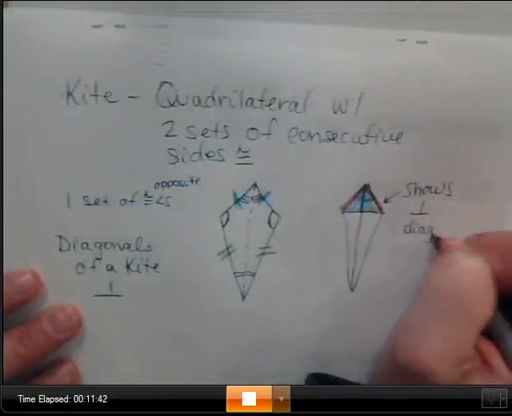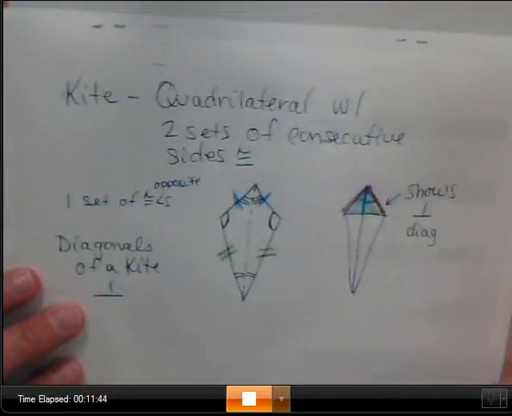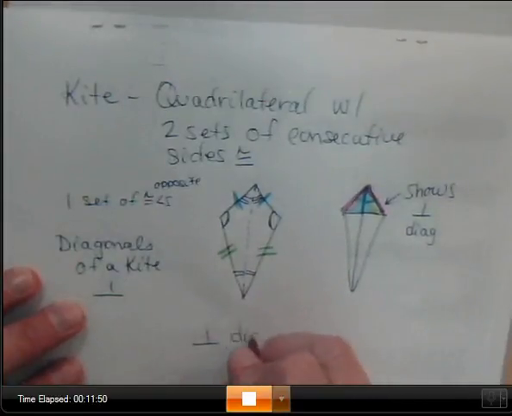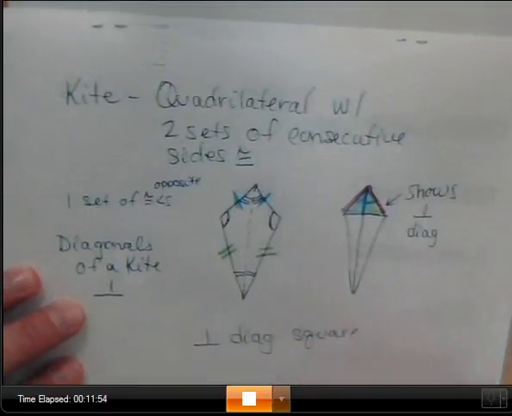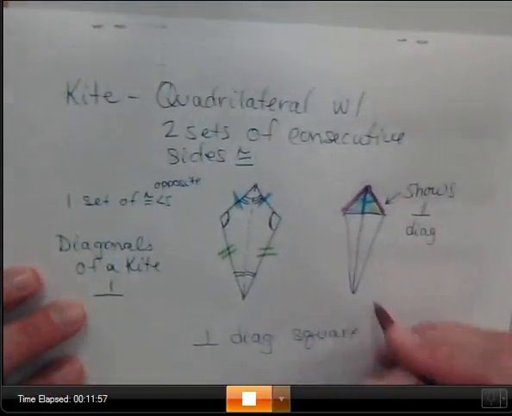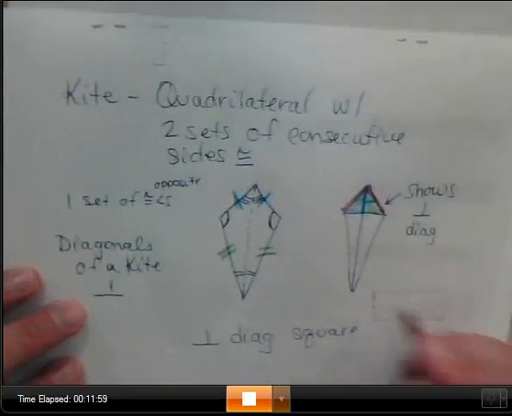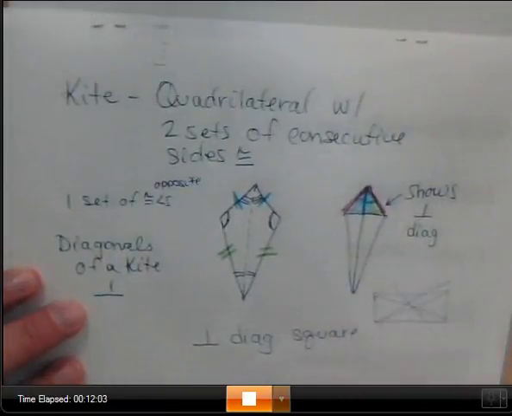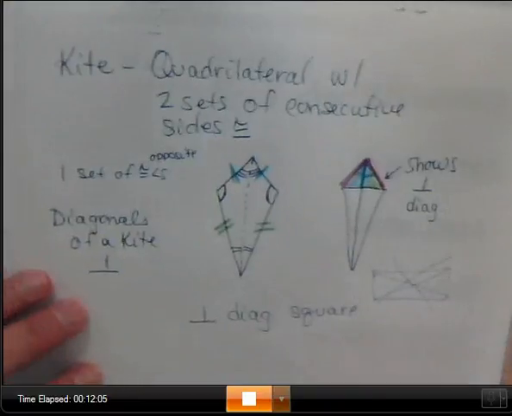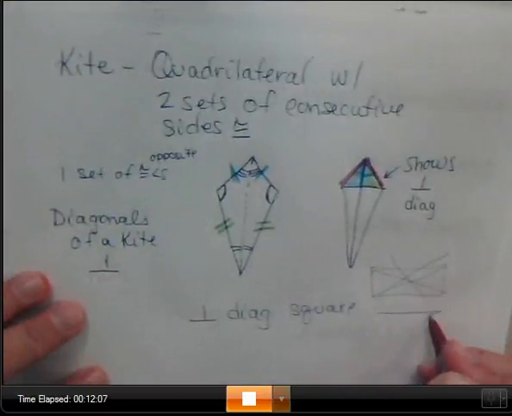So what quadrilaterals do we have with perpendicular diagonals? Square. What else? Rectangle? Can we show those two triangles right next to one another the same? No. What about a parallelogram?